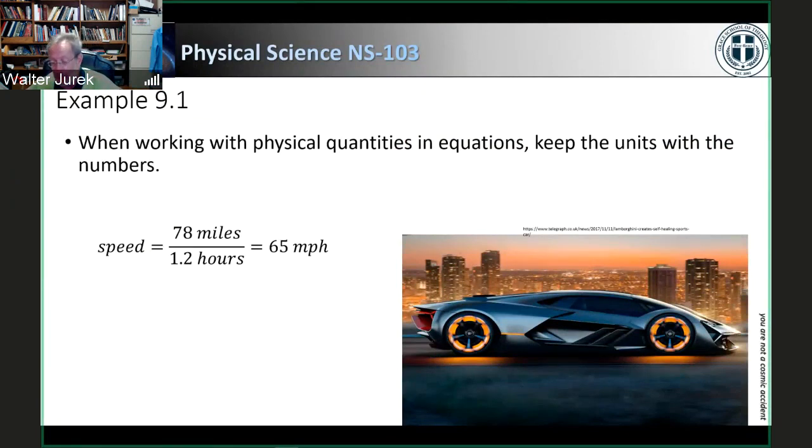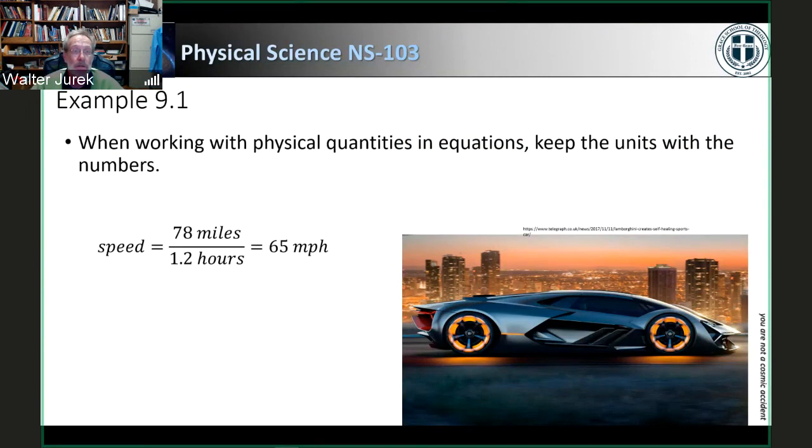And if we pull out our handy dandy calculator and go 78 divided by 1.2 equals, it turns out it's 65 is the number, and MPH stands for miles per hour.